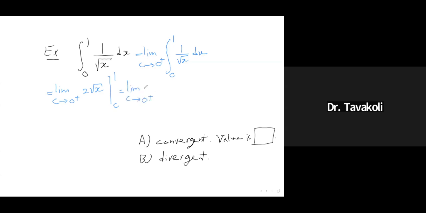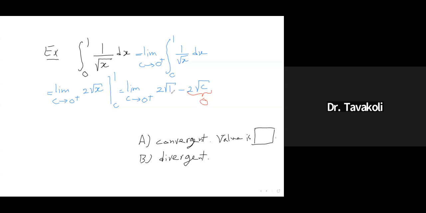The evaluation of 2 radical x at 1 is 2 radical 1. At c is 2 radical c. Now, when c tends to 0 from the right side, if I replace c by 0, I get just a 0 here.